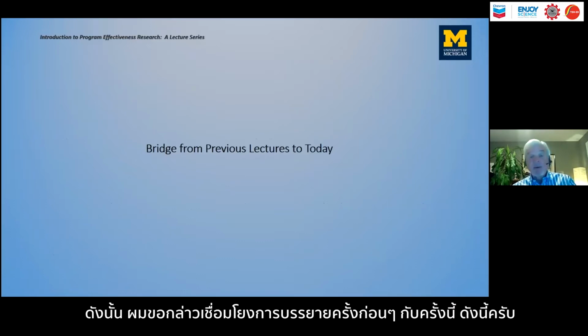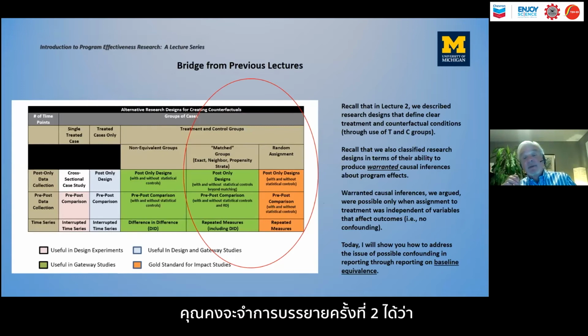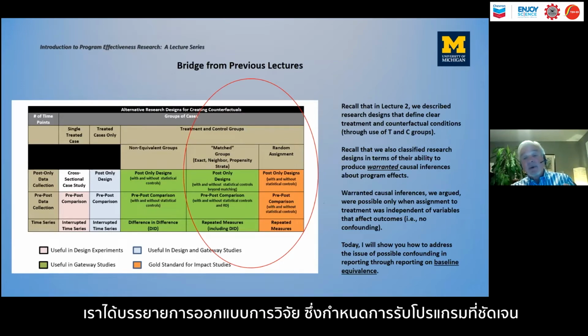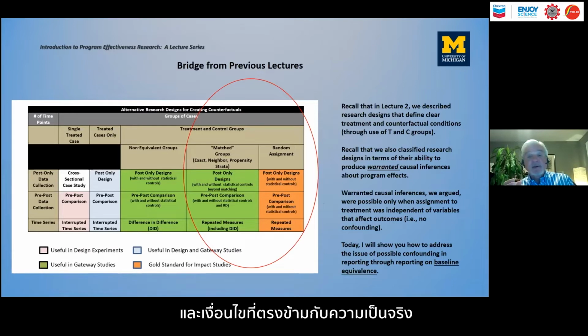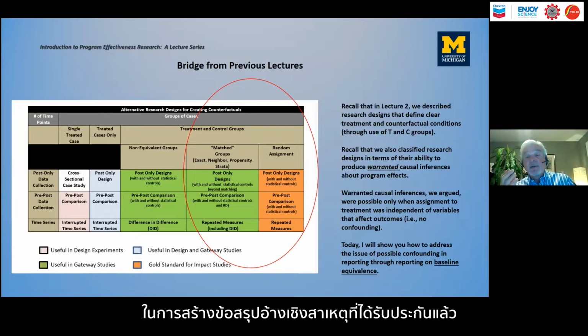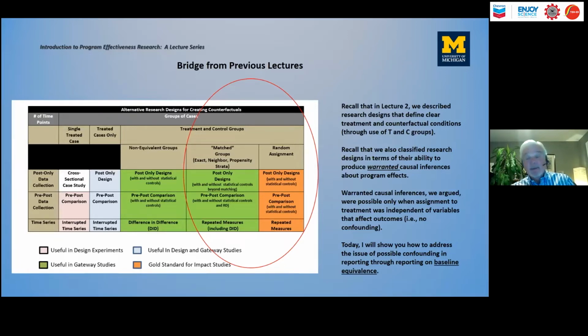So let me make a quick bridge from previous lectures to today. You'll recall in lecture 2, we described research designs that define clear treatment and counterfactual conditions through the use of treatment and control or treatment and comparison groups. We also classified these designs in terms of their ability to produce warranted causal inferences about program impacts.